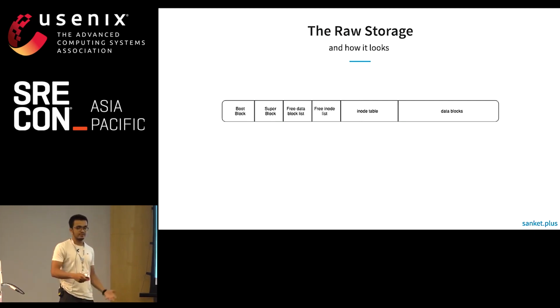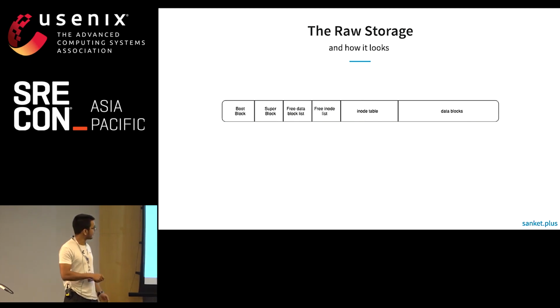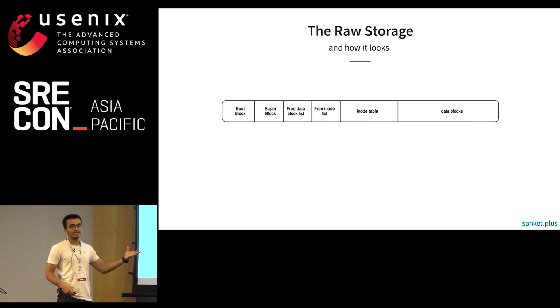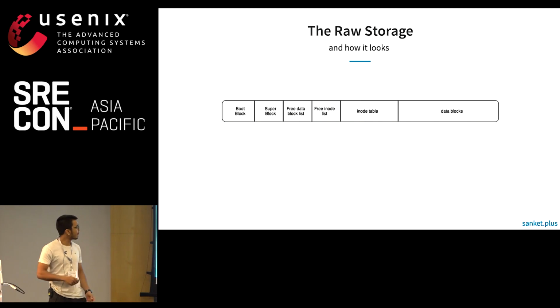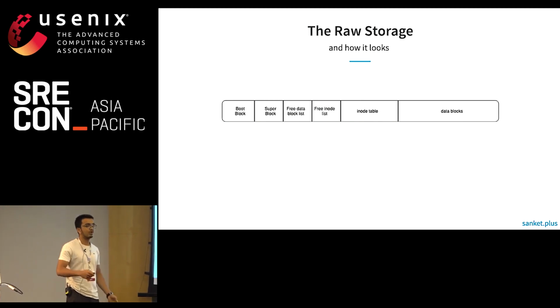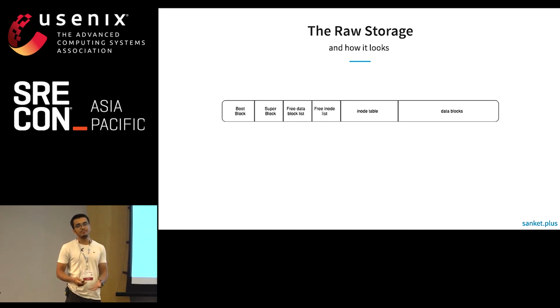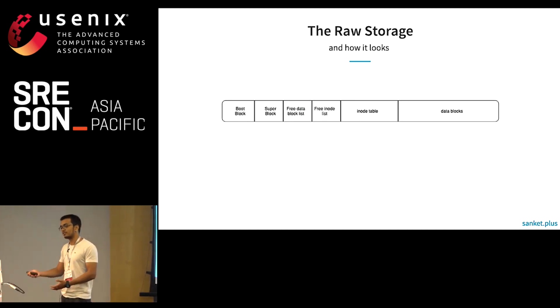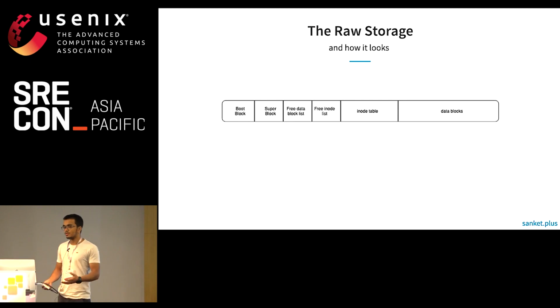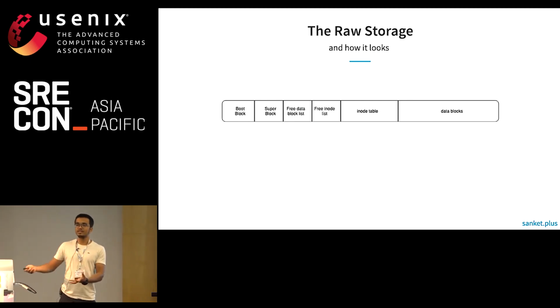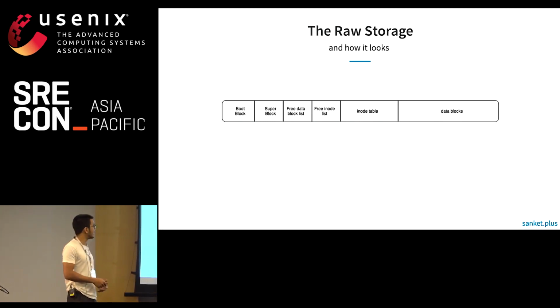Data blocks that will actually contain data. We'll have an inode table where the inodes that we just saw will go. We'll also maintain two more lists called the free block list and free inode list, because every time you want to create a new file, or extend a file, you need free inodes or free data blocks. So here's a handy list that you maintain so that you can quickly grab some free data blocks or inodes.